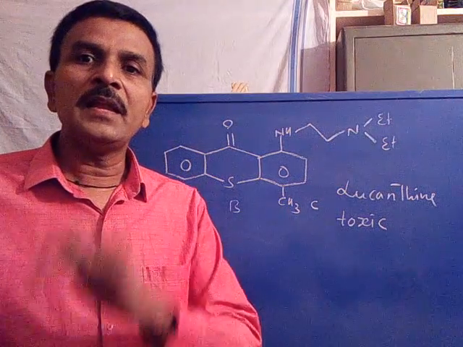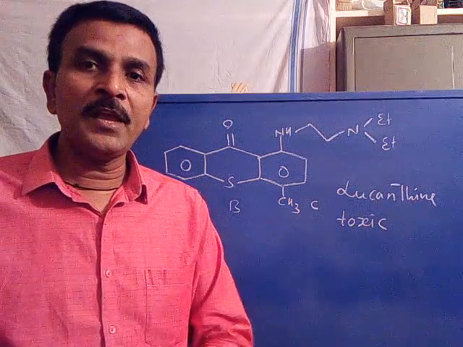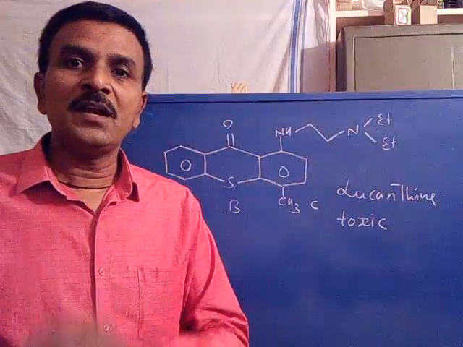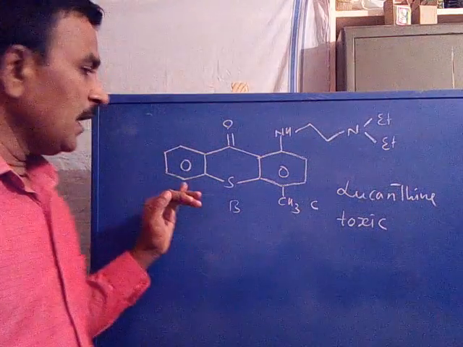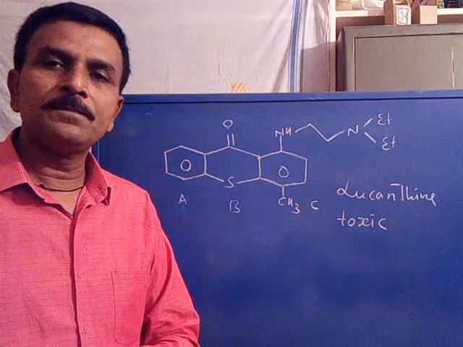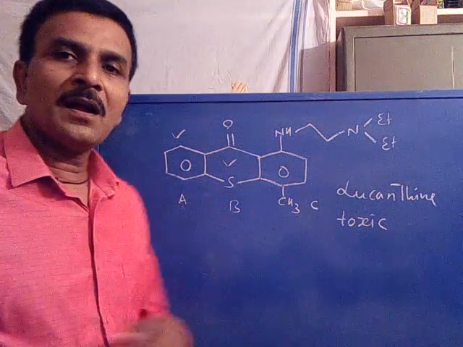That study, in which many derivatives were prepared based on the leucanthine structure, indicated that ring A and ring B are not essential for the activity. Ring A, the first ring, and ring B, the second ring, are not essential.